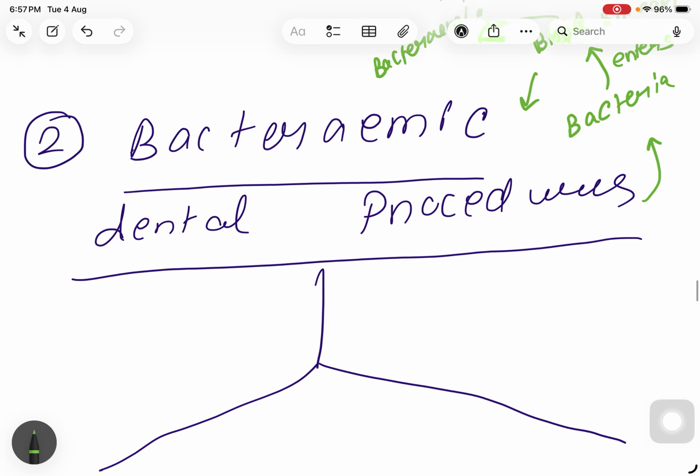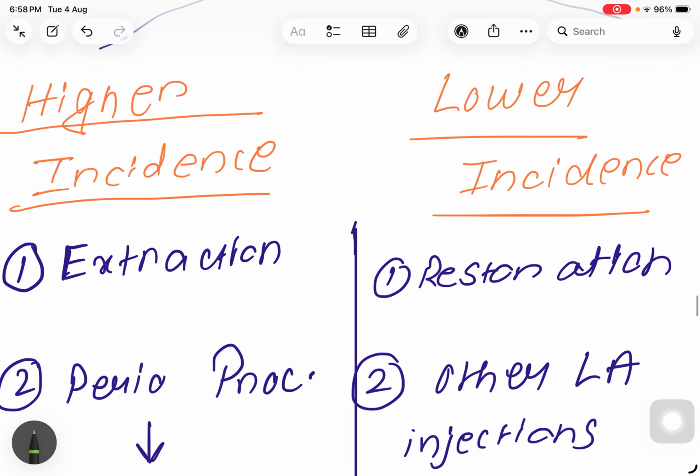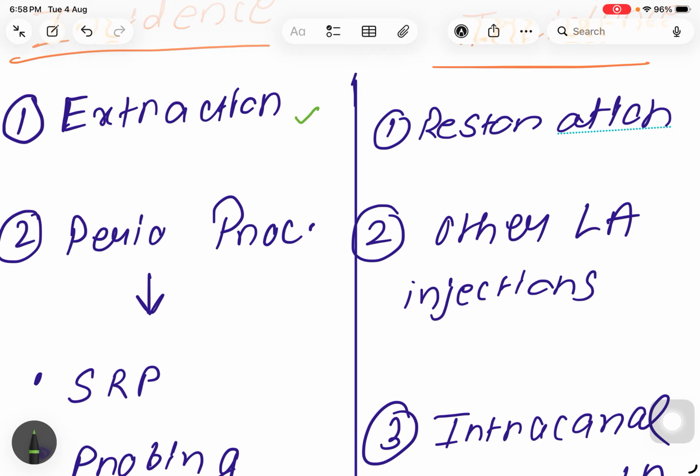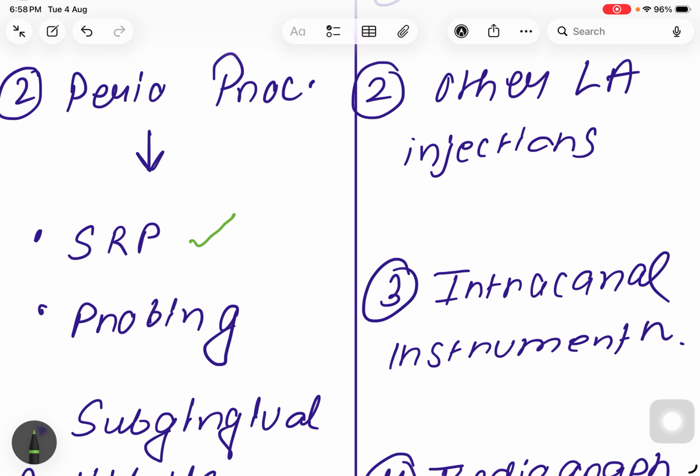Now in bacteremic dental procedures, there are two things. One is higher incidence of IE, or higher chance of getting IE, and there is lower incidence procedures. Okay. In higher incidence comes extraction and various periodontal procedures like scaling and root planing, very common because there is bleeding.